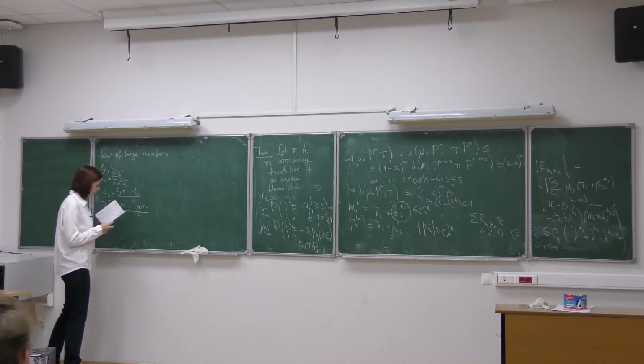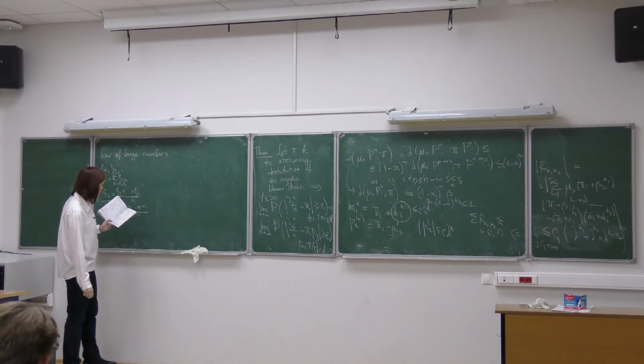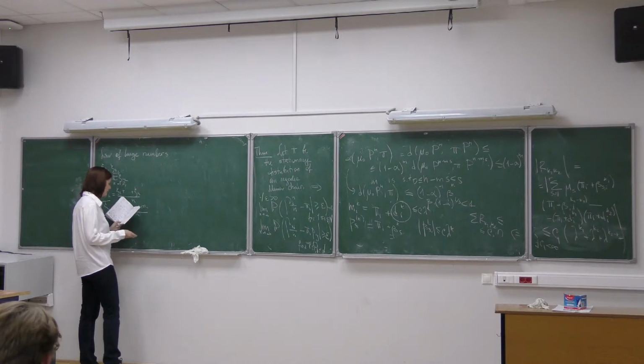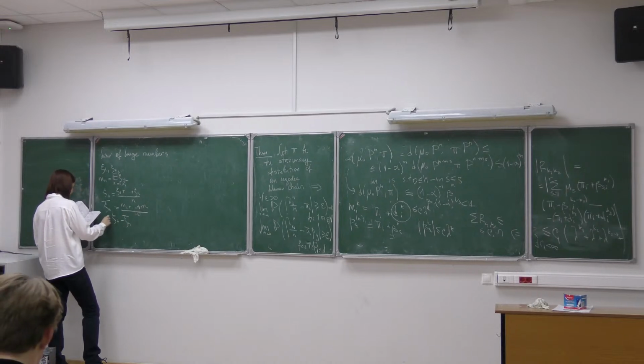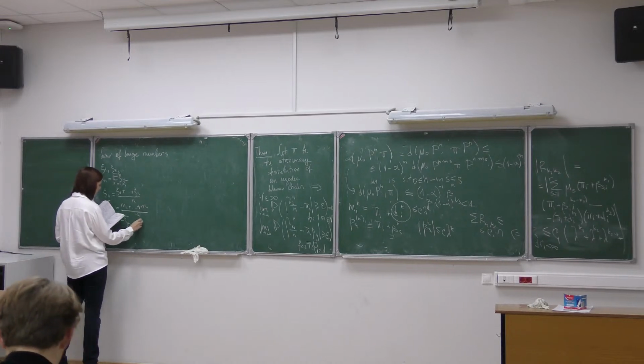And we say that this sequence satisfies the law of large numbers if zeta n minus zeta n averaged converges to 0 in probability.